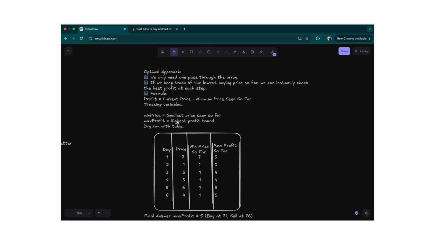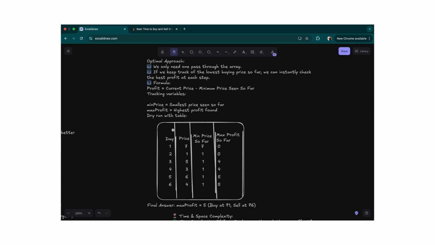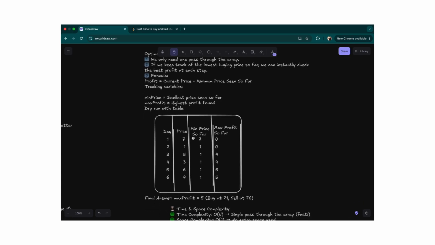We take a variable minimum price, the smallest price seen so far, and max profit will be the highest profit found. So these are the days, these are the prices, and this is the minimum price so far. We will keep updating it, and the maximum profit so far. Let's go through the table and understand it deeply.